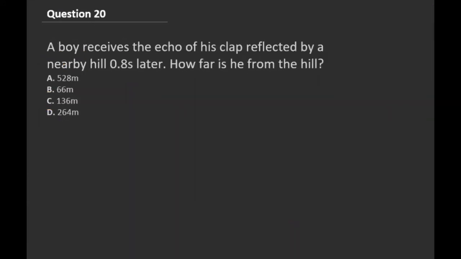Question 20. A boy receives the echo of his clap reflected by a nearby hill 0.8 seconds later. How far is he from the hill? I want you to know that speed of sound in air equal to 340 meters per second. This is a constant. You need to know this.